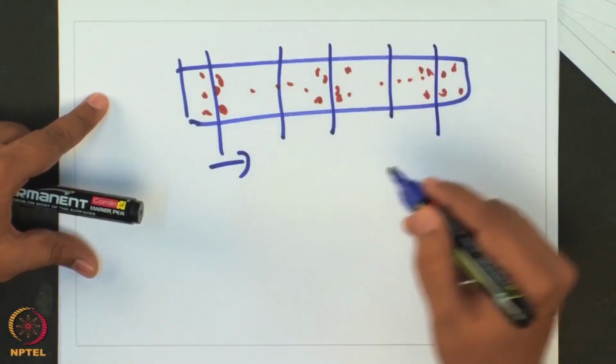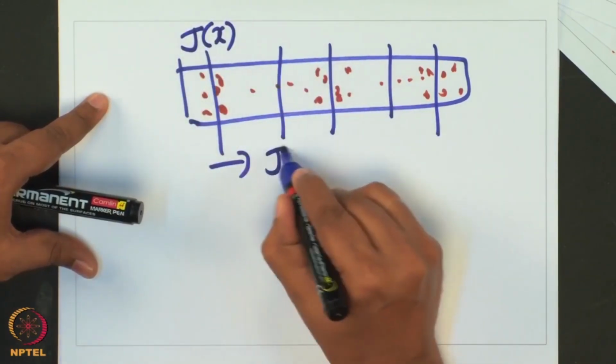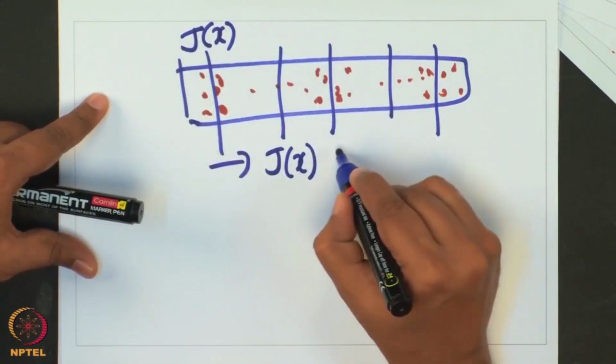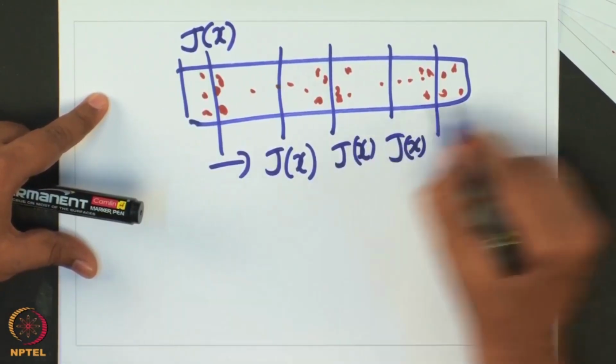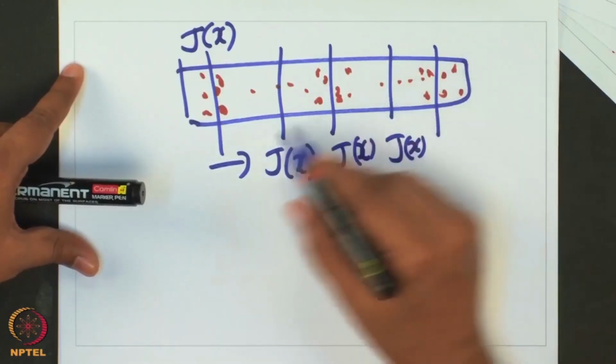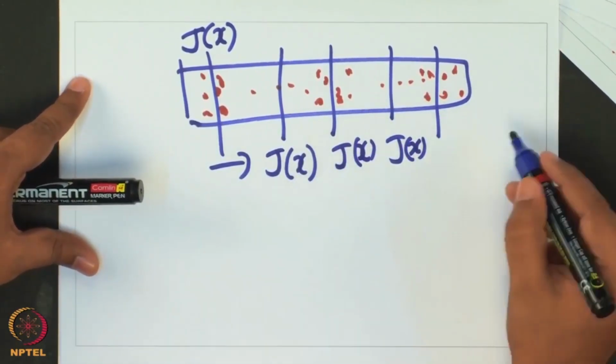So J at this x point would be different from J at other points. J at different positions of x would be different, so J is a function of x. This is something that we know.